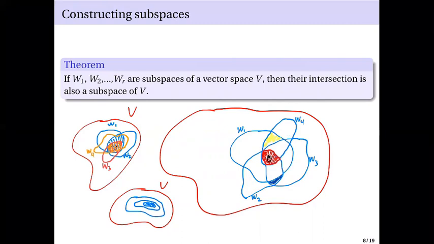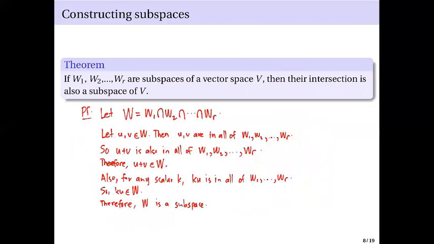You get two elements. If you add them, the sum will be inside W1, W4, W3, W2, and therefore inside the red shade here. So that's your first statement, and for the second statement, a similar illustration.